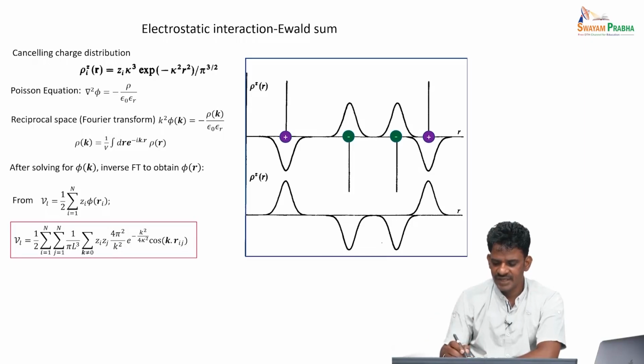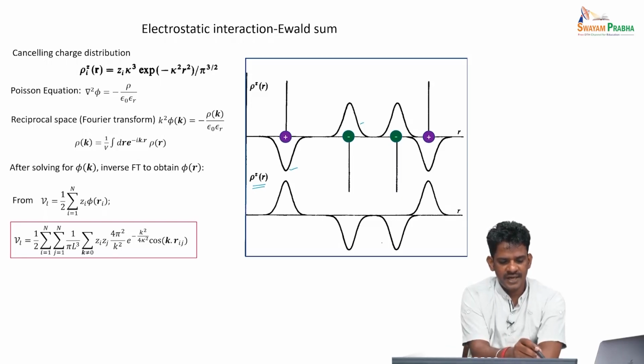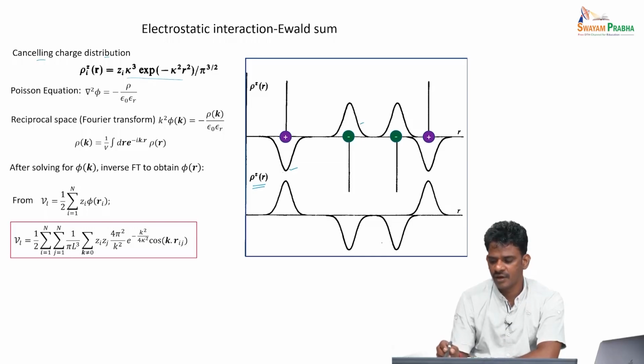For that, we basically impose another charge distribution which is opposite of what we just did here. So, you can see that the cancelling charge distribution is basically a mirror image of the imposed charge distribution, which has the same form but opposite sign of the imposed one. So, then again with this we are going to use the Poisson equation to solve for the potential.